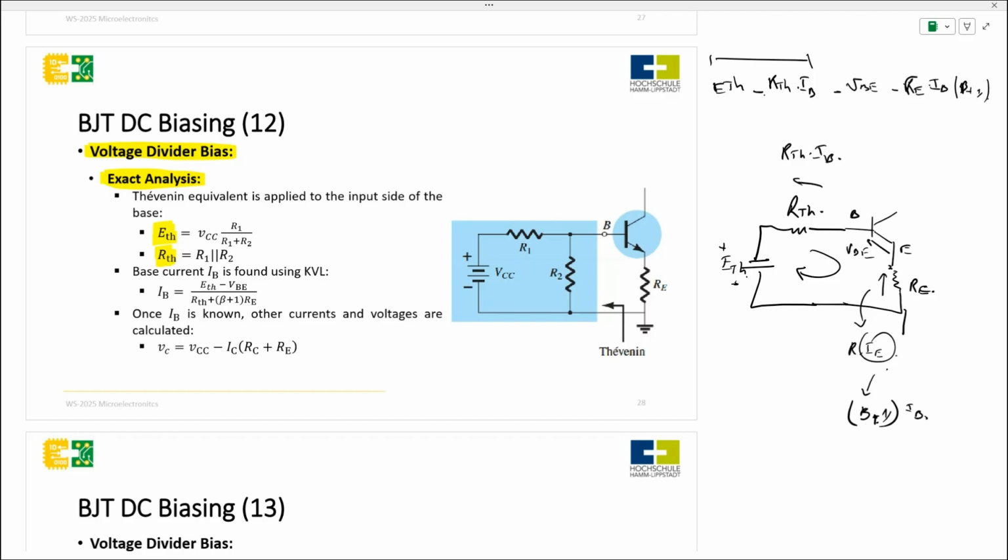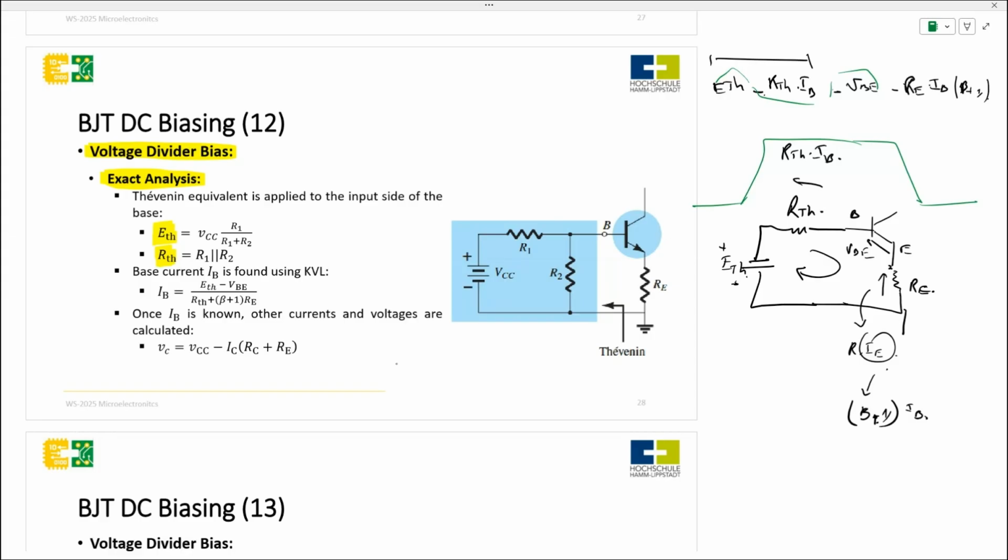So let's change the color, and let's put this here. Okay, so we're going to put this part together, and the other part on the other side.